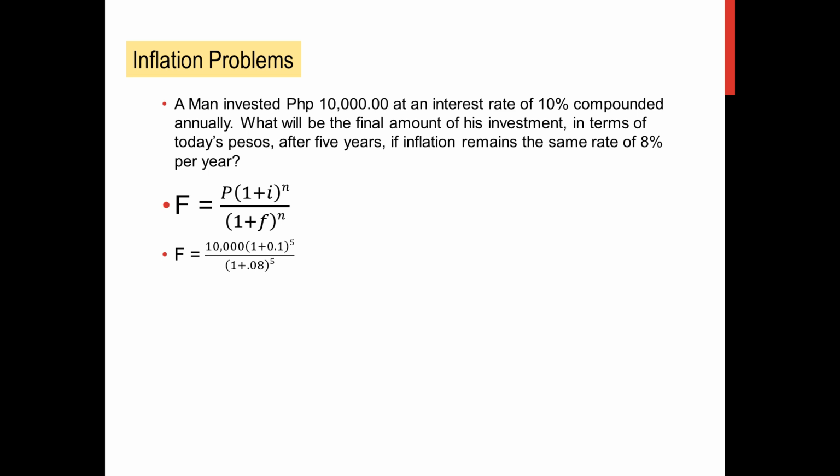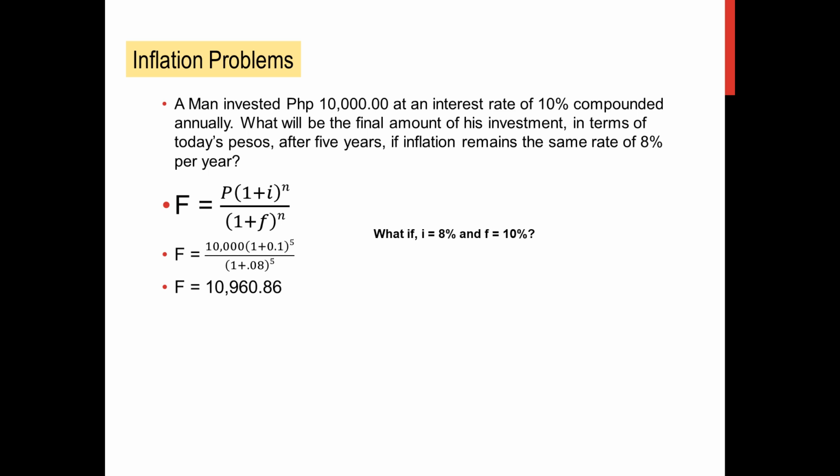So we are going to use that formula, substituting the values. We have 10,000 as the present worth, 0.1 as the interest rate, and 0.08 as the inflation rate, with a number of periods of 5. So therefore, F is equal to 10,960.86.